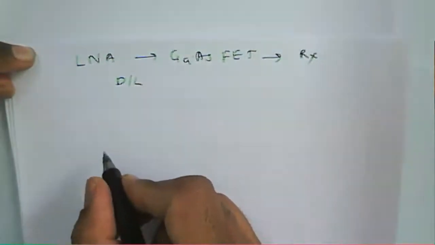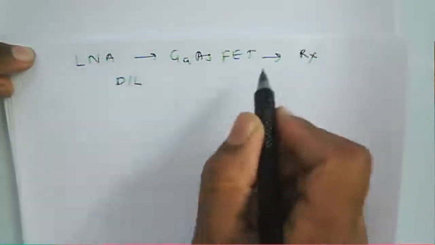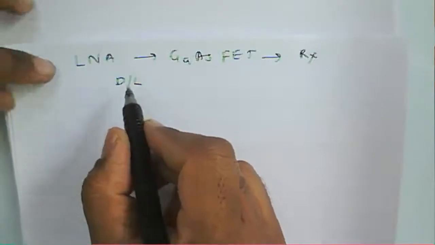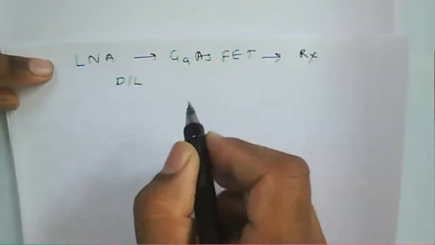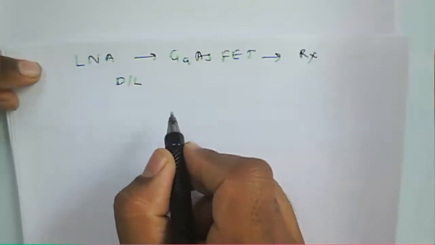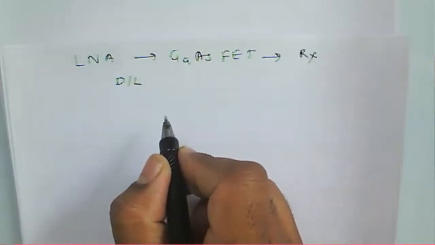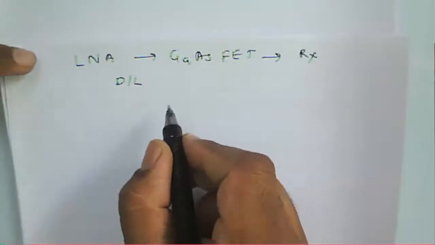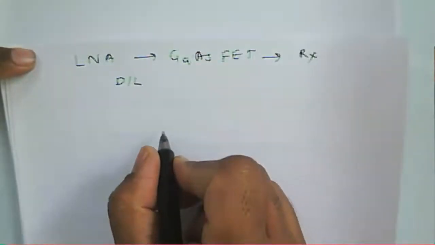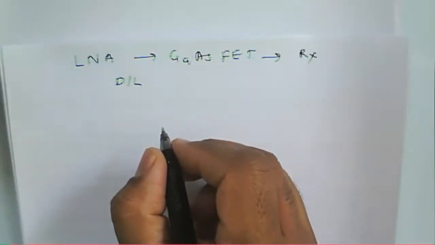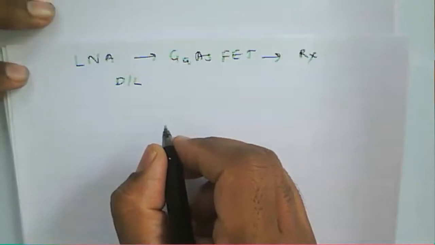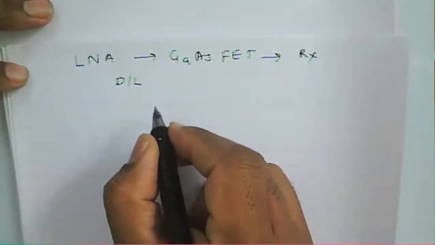So the low noise amplifier depends upon the size of the antenna. The noise figure of the low noise amplifier depends totally on the noise temperature.